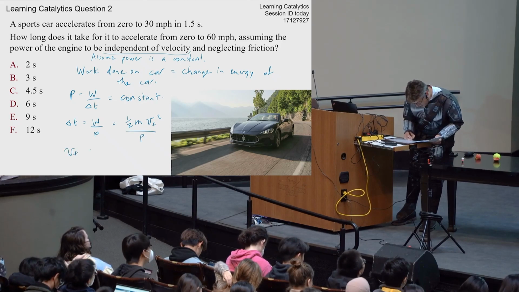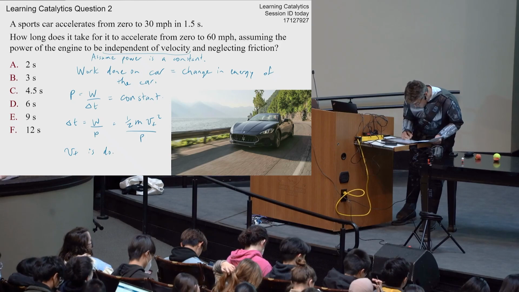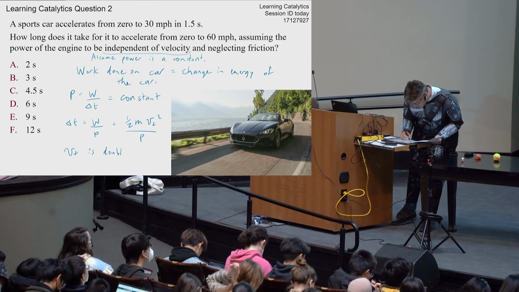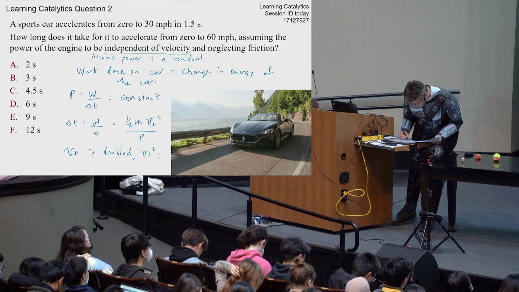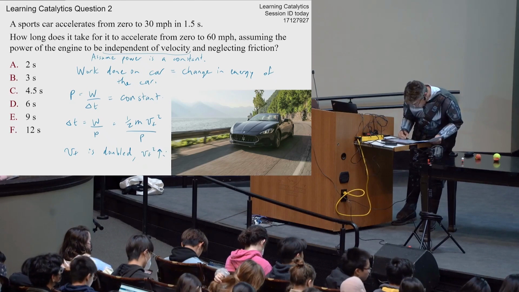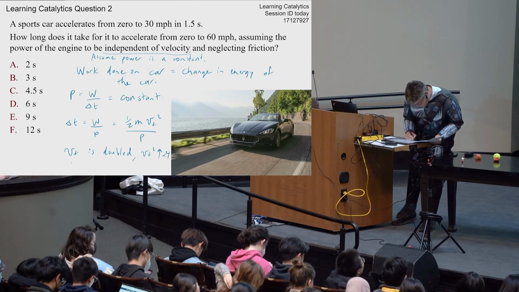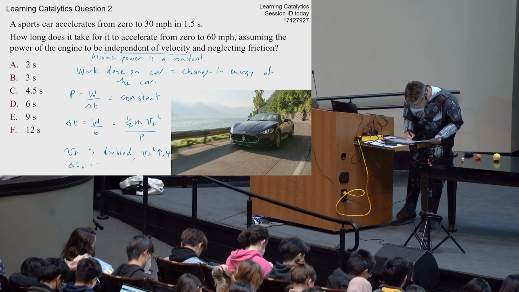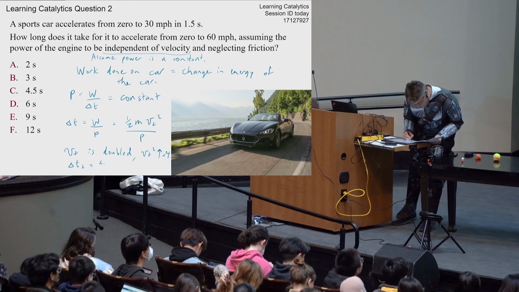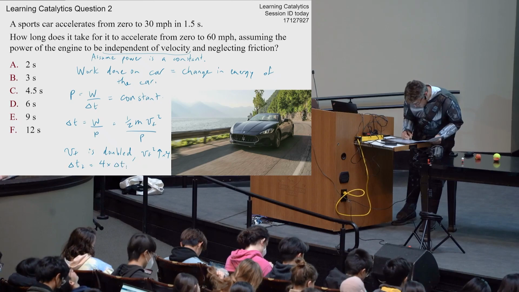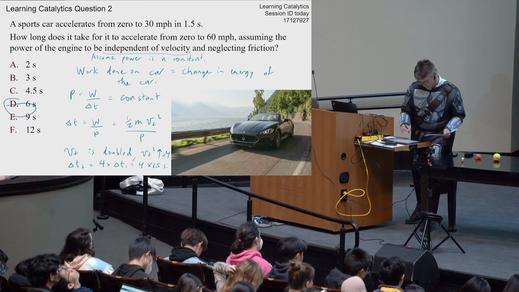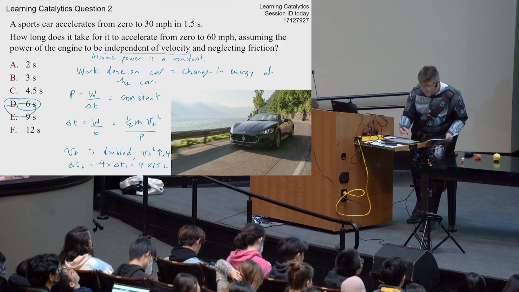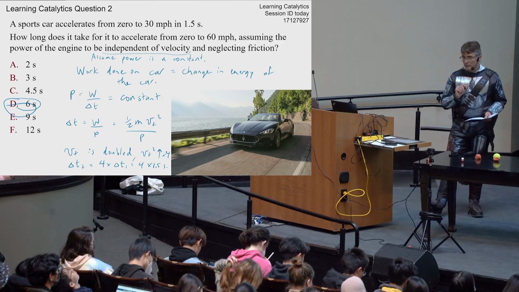So if Vf is doubled, then the delta T will have to go up by a factor of 4, because V final squared goes up by a factor of 4. So delta T2 equals 4 times delta T1, 4 times 1.5. So sorry, 6. Good? Okay.